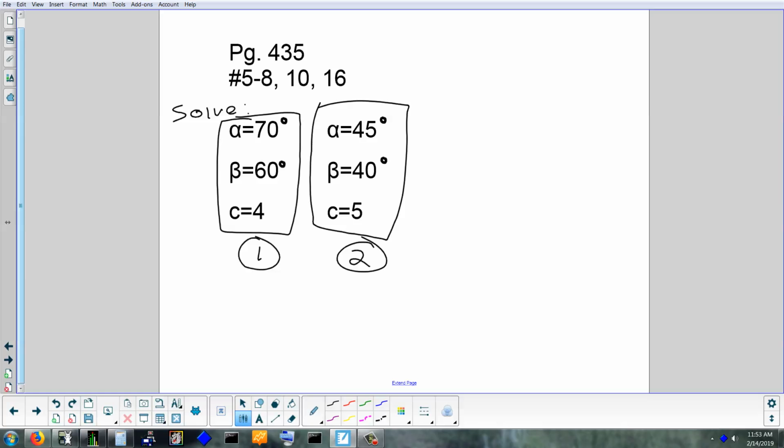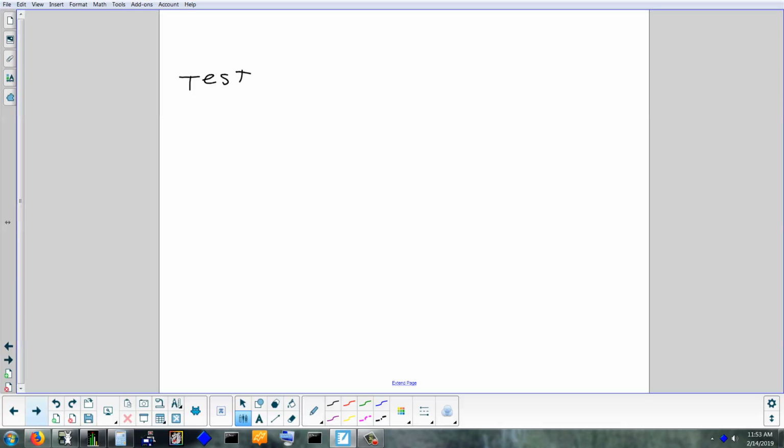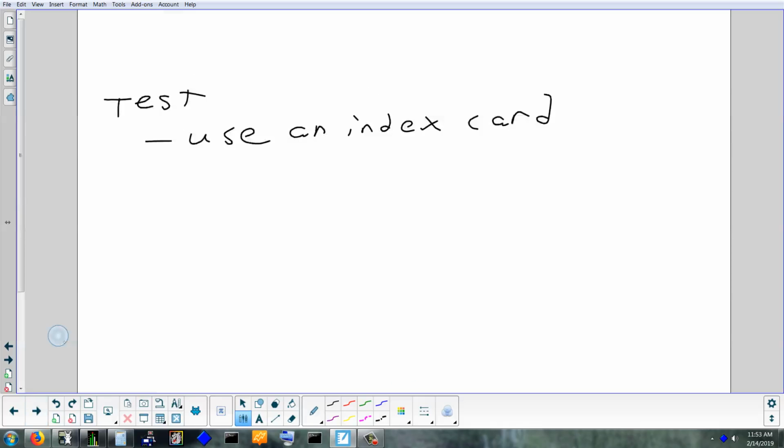All right, well, two things. I actually emailed you yesterday about the test. For the test, you can use an index card. This is really, I think, the last week where we're going to have this many formulas, so most likely no index card for the next test.